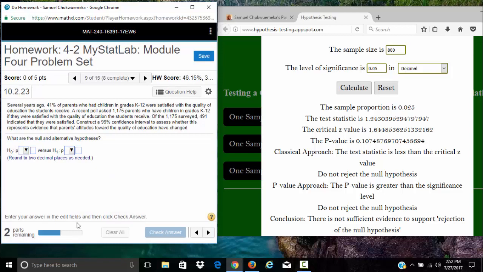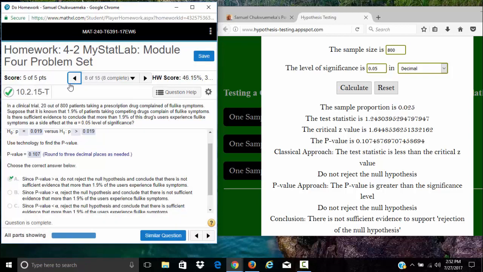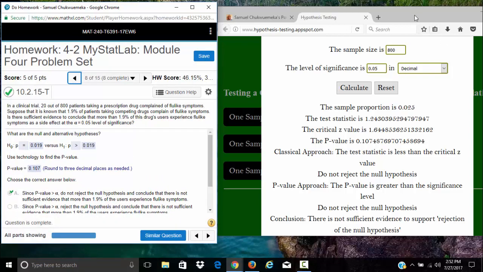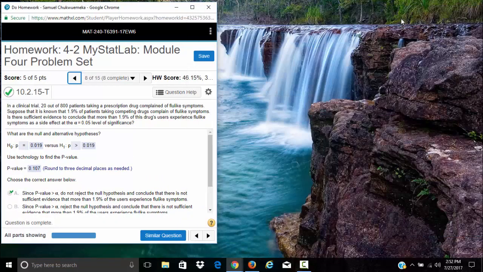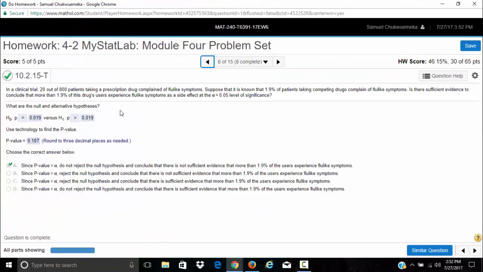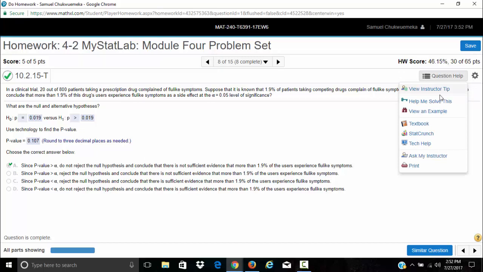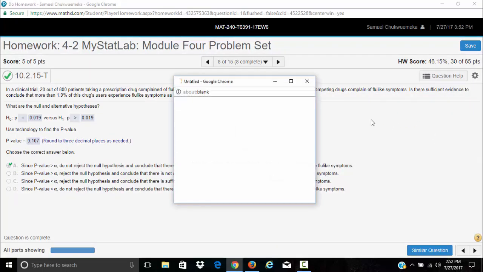Alrighty. If you want, let me show you this question with StatCrunch. How about it? I can show you. So let me just minimize this, maximize this. With this question here, go to question help, go to StatCrunch.